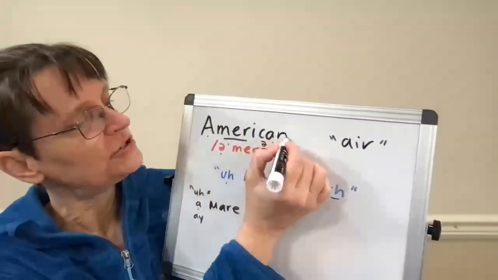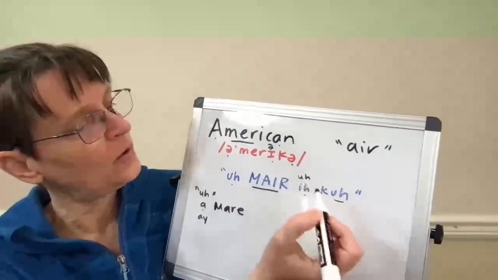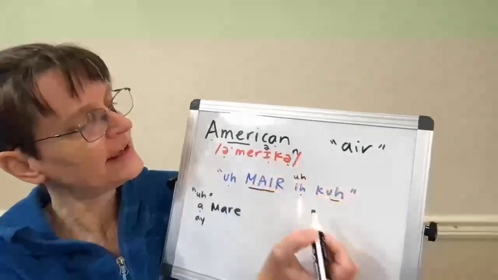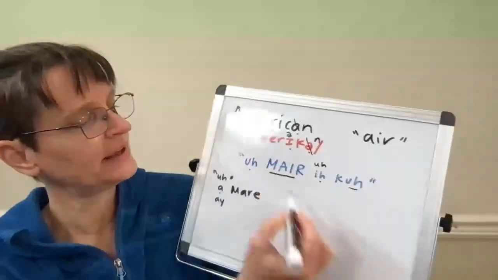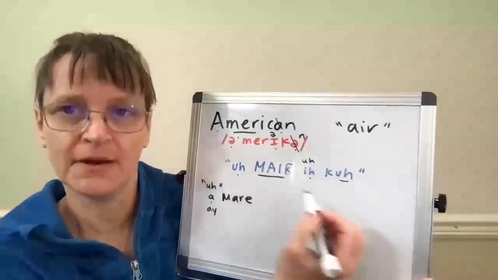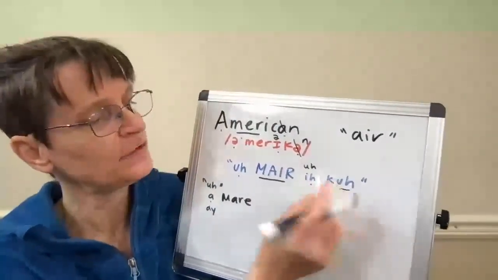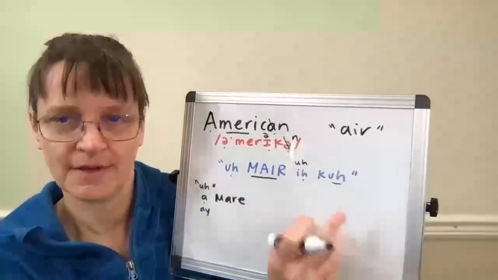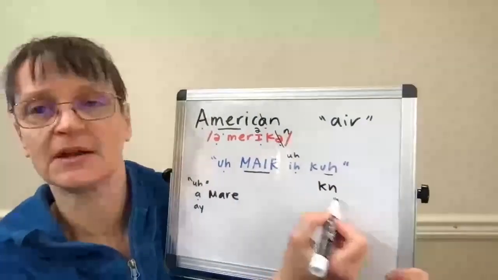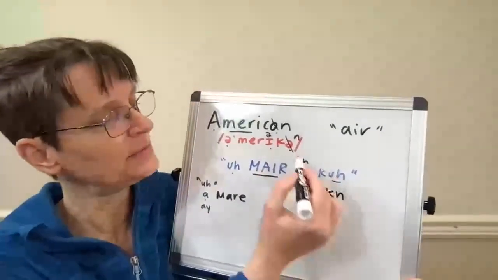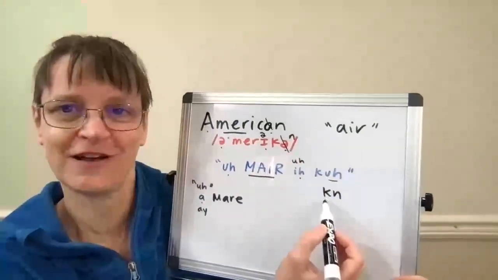Then when we change to American, we add an N sound, and we almost take out that vowel entirely. So it has the same rhythm, American, American, but instead of really much length with the K at the end of American, it almost goes directly to the N, American, American. Again, I can have a little bit of a schwa or an I unstressed vowel there.